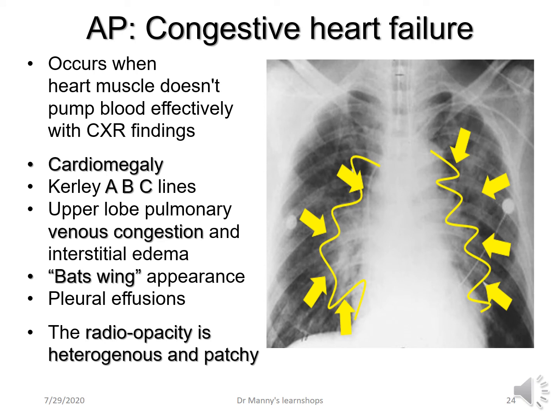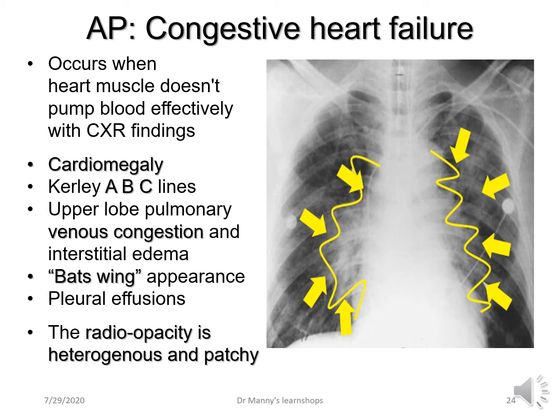Pulmonary edema occurs because of congestive heart failure. Congestive heart failure occurs when the heart muscle doesn't pump effectively, and the chest X-ray findings are cardiomegaly, or a large heart. You can have what are called Kerley's ABC lines, which we'll be reviewing in more detail in a later workshop, but we will be looking at Kerley B lines today. Well, in this session anyway.